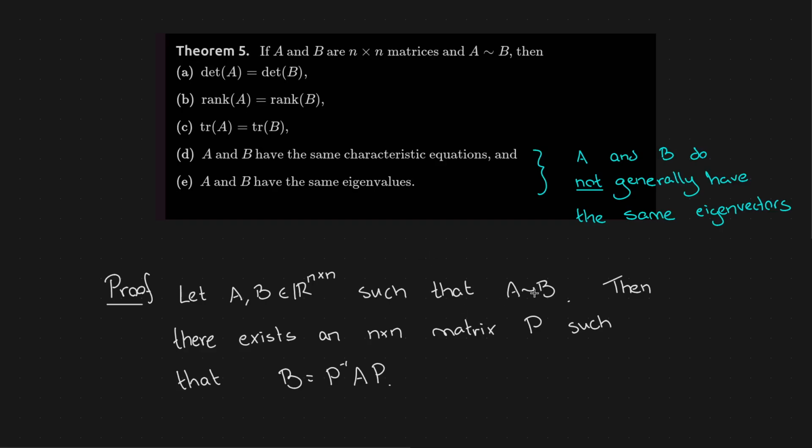That's all I'm doing so far. If A is similar to B, then B is equal to P inverse AP. Okay? And that's all we need to prove each of these results.